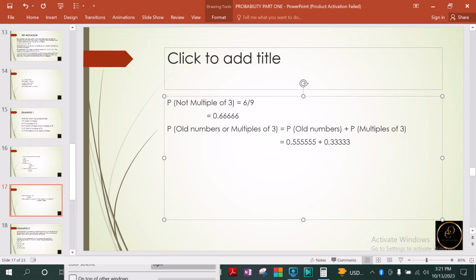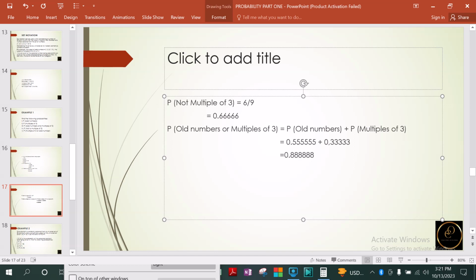Okay, so if you look at that, when you add the two, it will give you the probability of 0.8888. Okay, so that is the probability.